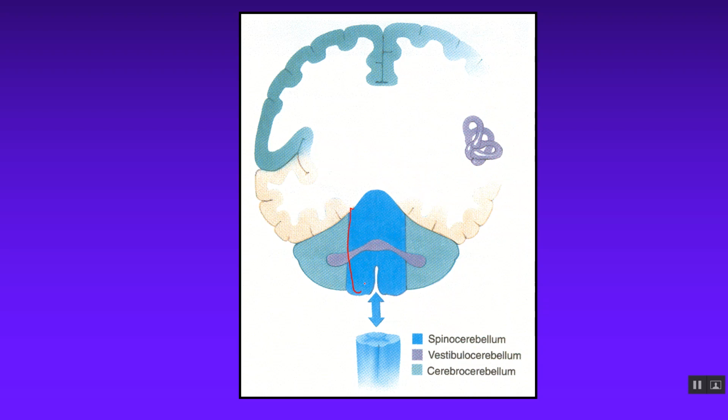The vermal and paravermal regions here, the spinocerebellum, influence descending spinal cord pathways, primarily medial activating pathways, because it's mainly trunk and proximal musculature, but it also influences a few corticospinal and lateral activating pathways as well, okay?